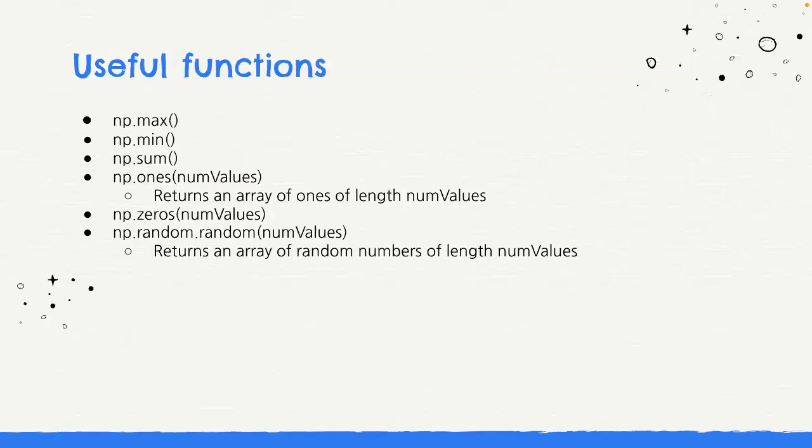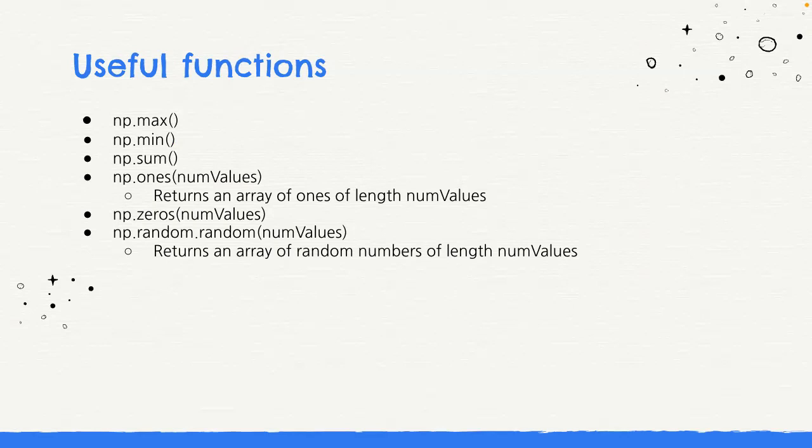Okay, here are some useful functions that you will need for sure. The first one is np.max. If you pass in an array, it outputs the maximum, or the biggest value, in that array. Similarly for min, it'll output the smallest value. np.sum, which we just used, will sum all the numbers in an array.